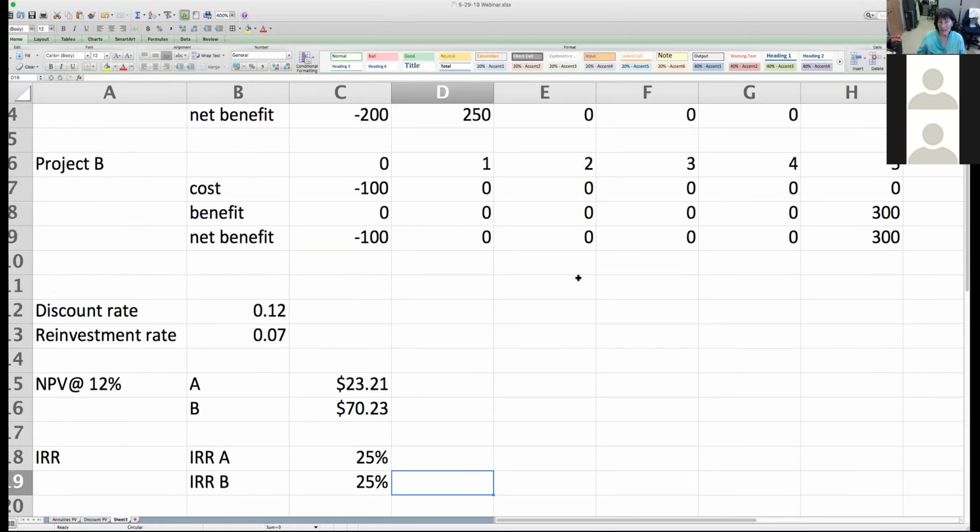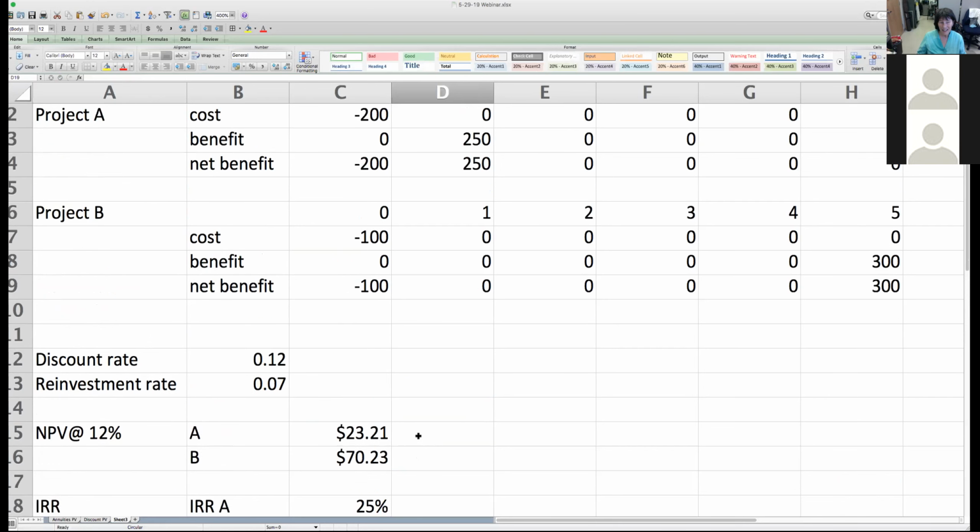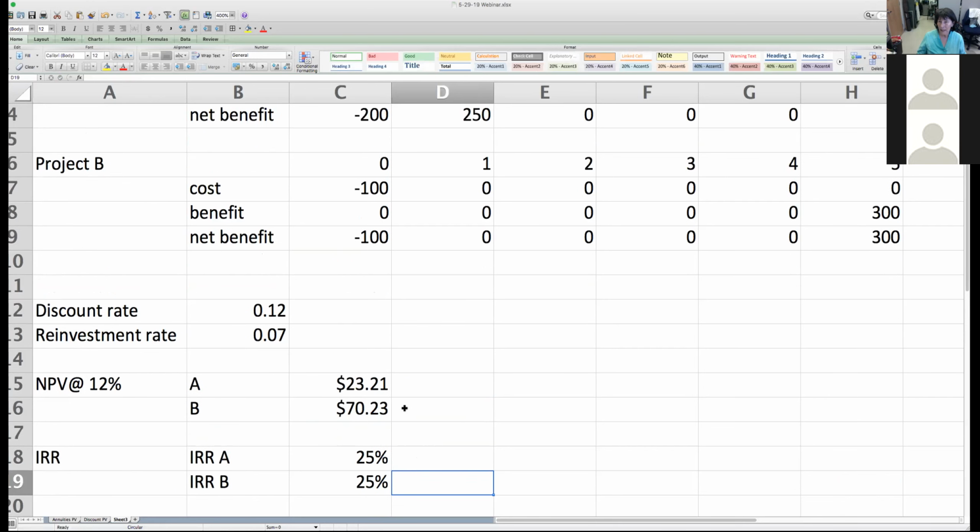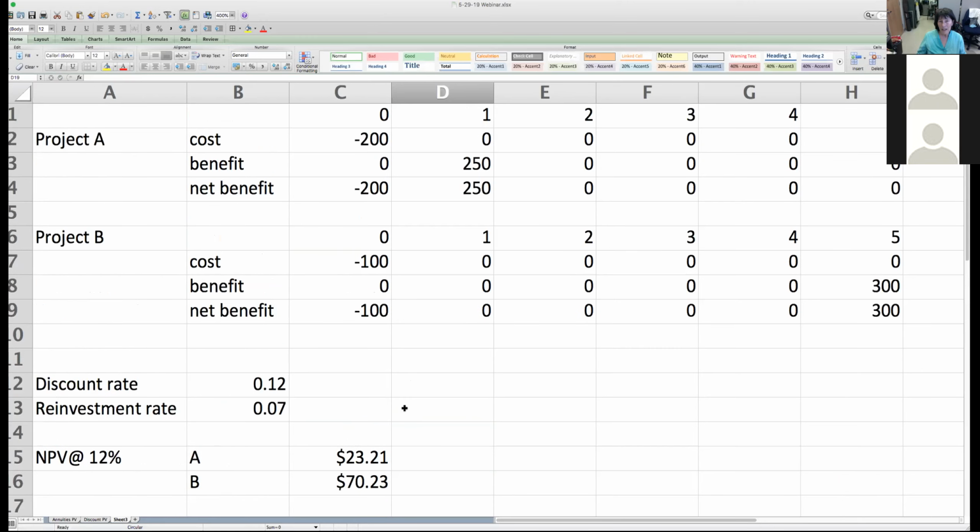Here you see the NPVs are not the same. B is more attractive. You are making more than 12% on both of them, but B looks like it really is the better option. But the IRRs come out the same. That's because when you do an IRR, you're assuming you invest everything at that rate. It's like a break even, so it's equalized across time to come up with that answer.